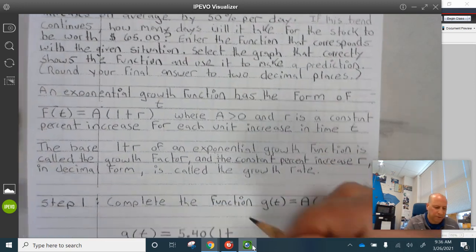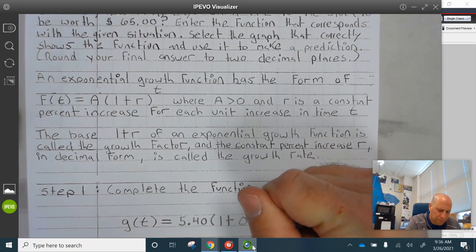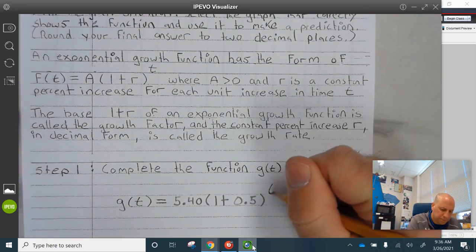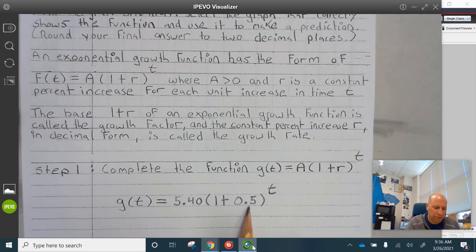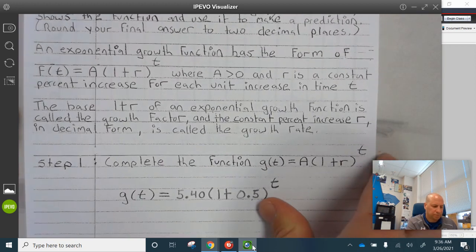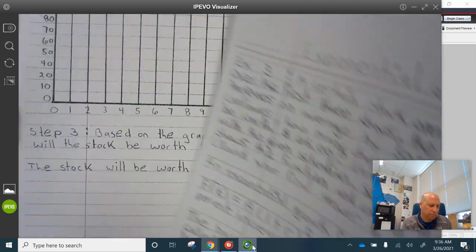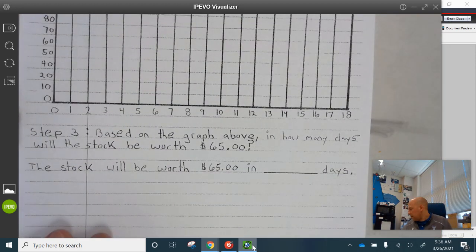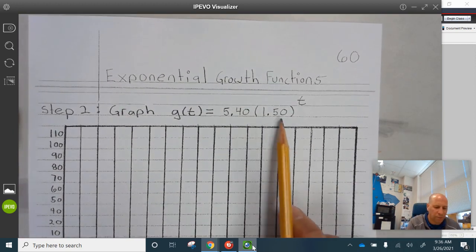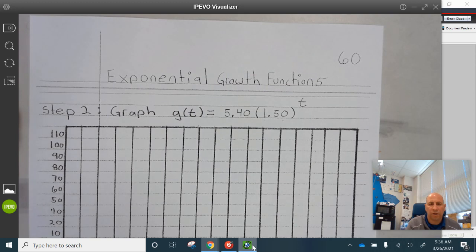So that would be 0.5 to the t. Now you can go and add those, okay? And we'll get to that on the next page. Okay. So when you add the 1 and the 0.5, you get 1.5. So there is your equation.